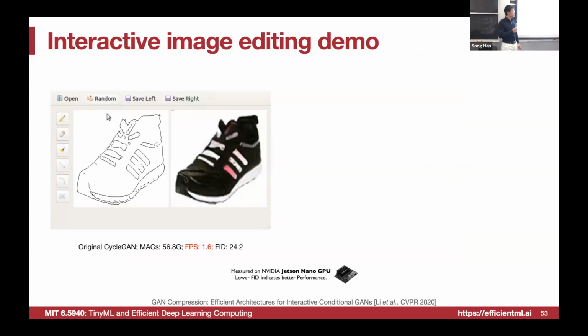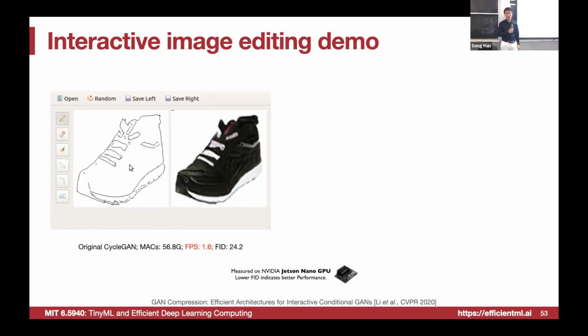Here's another example. Before GAN compression, every edit's output is very slow. For example, we can remove the logo of this shoe. This is called edges to shoes. You draw the edge, and a shoe comes out.